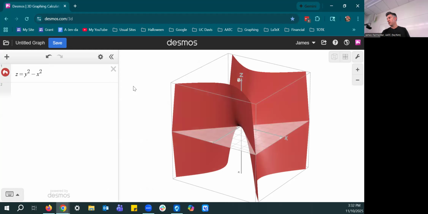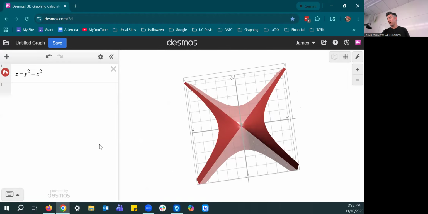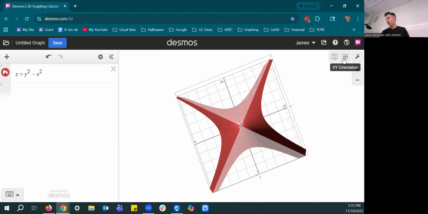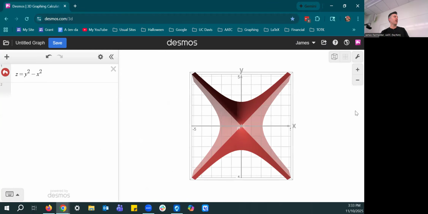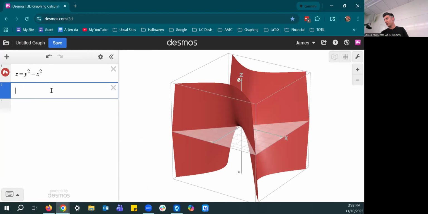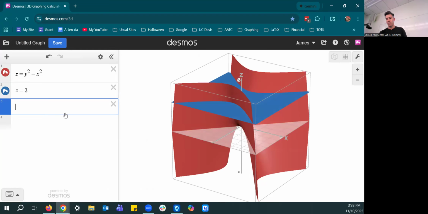And there it is. And you can even see the trace right there in the XY plane. You can see, oh yeah, look, there's your y equals x and your y equals negative x. And if you want to see some of the other level curves, you can just set z equal to 3. And oh yeah, look, there's your hyperbola. Or if you set z equal to negative 3.